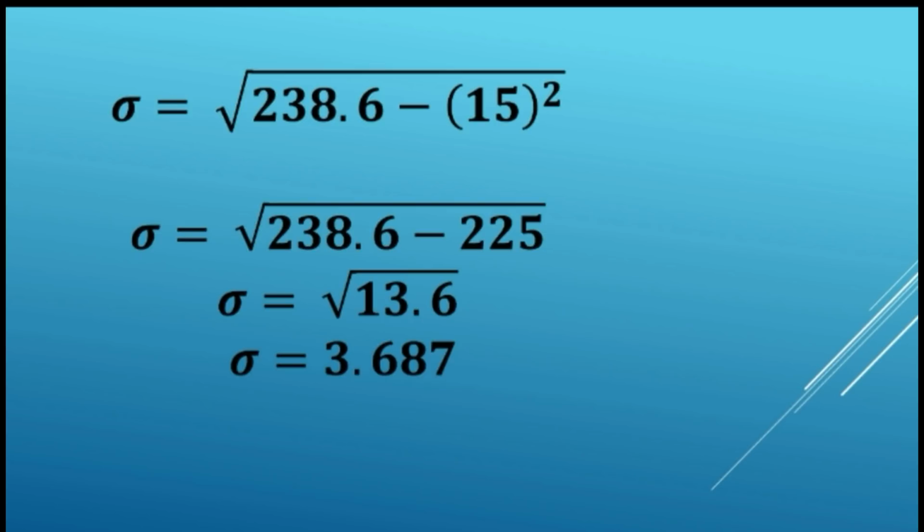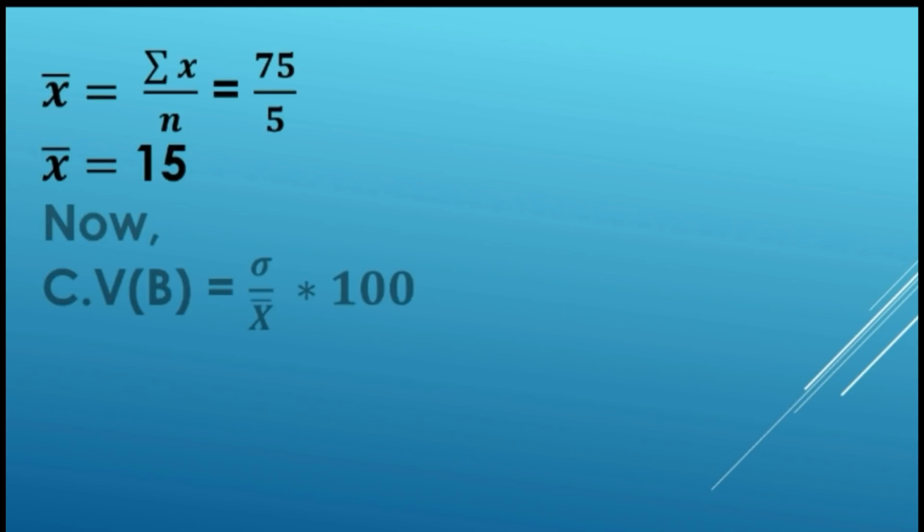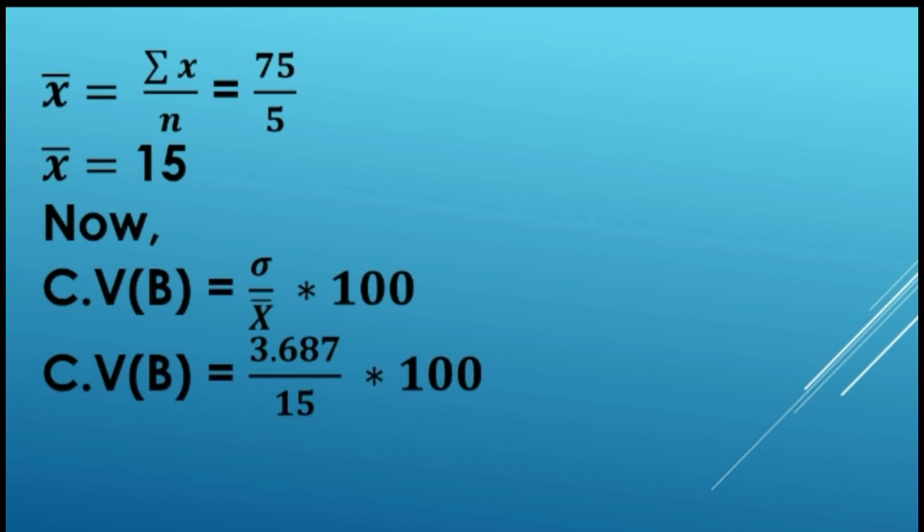After that, find the value of x bar, that is summation x upon n, which equals 75 divided by 5. So the value of x bar is 15. So the coefficient of variation for city B is 24.58%. Students, now we have to comment on the result. Which city has the stable prices?